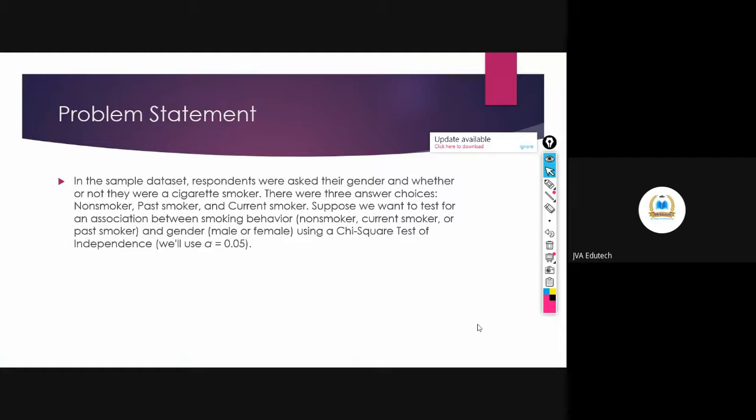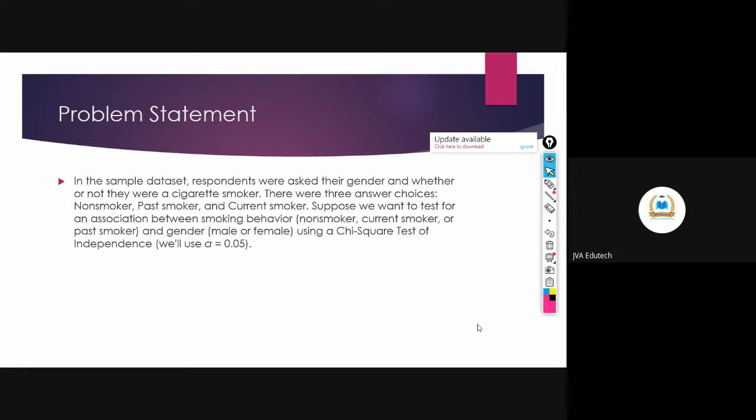So now let's see our problem statement. In our sample data set, we had a category known as gender and a category of smoker. The gender was divided into two categories: male coded as 1, female coded as 0, and the smoking status was divided into three categories: 0 as non-smoker, 1 as past smoker, and 2 as current smoker.